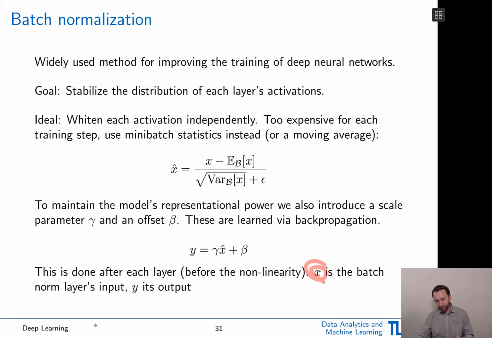So we have our input, we normalize it, we might want to scale it back, and then it's fed into the activation. So Y here is fed into the activation, okay? So this is how we can always normalize our input with respect to this specific batch.